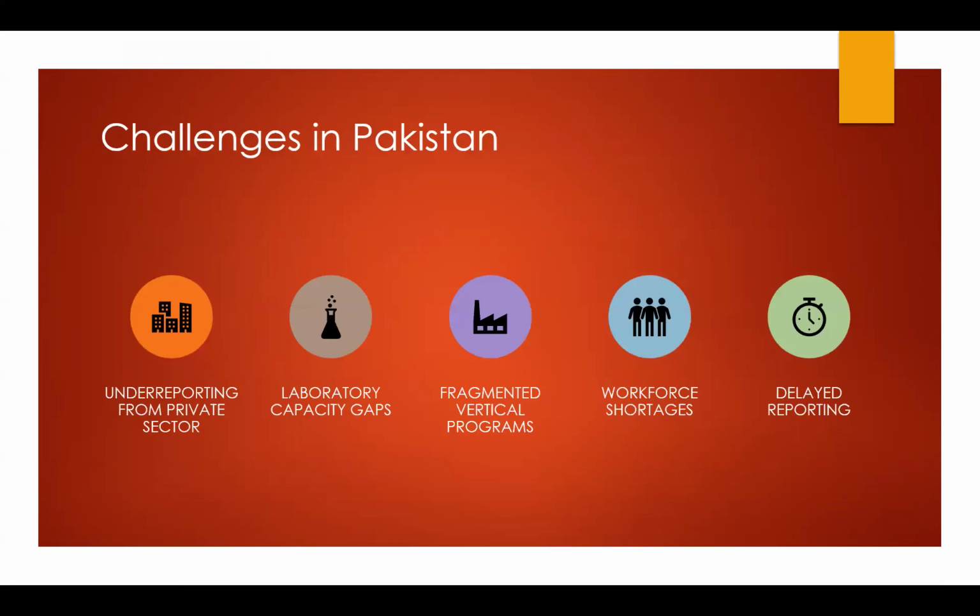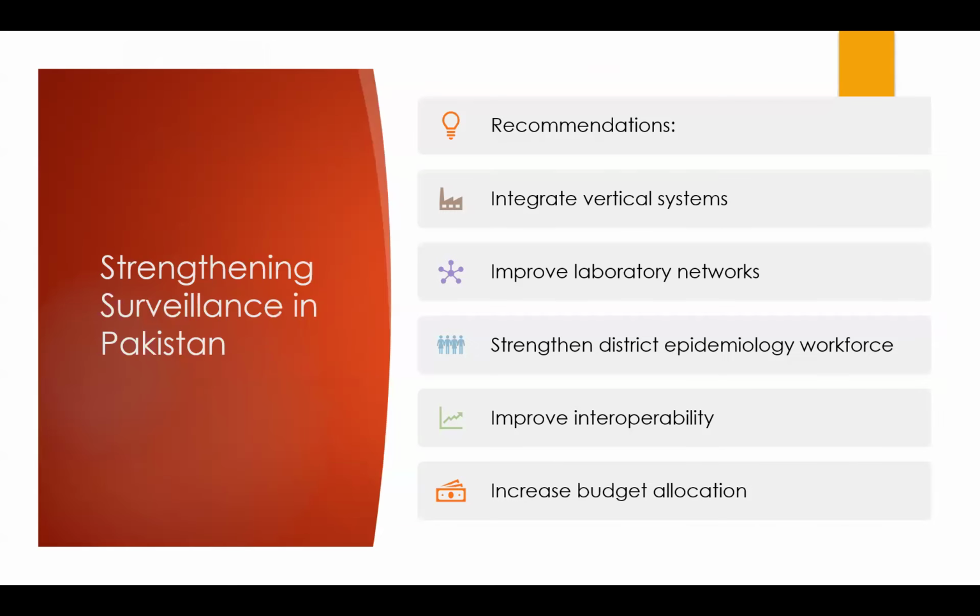Some of the challenges in Pakistan are underreporting from private sectors, laboratory capacity gaps, fragmented vertical programs, workforce shortage, and delayed reporting. So, for strengthening surveillance in Pakistan, there are some important recommendations which can be followed to lead to a better surveillance program.